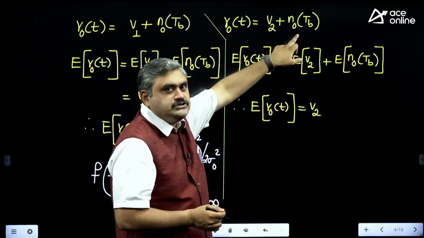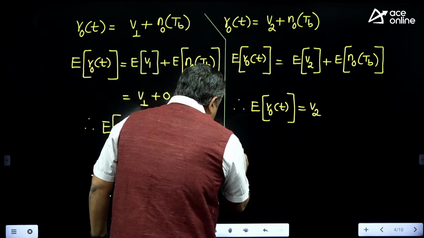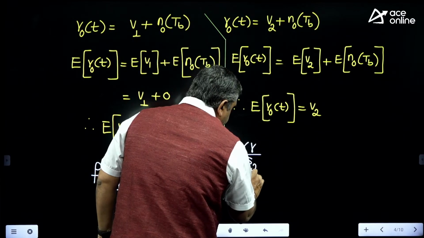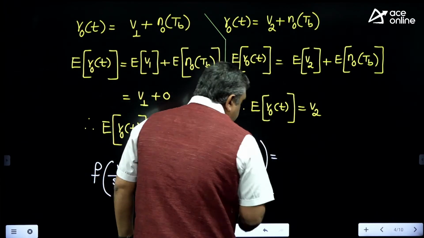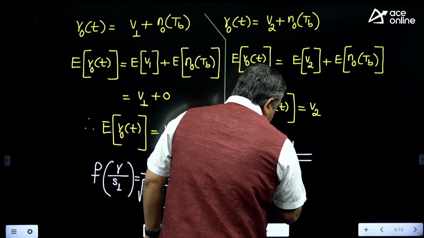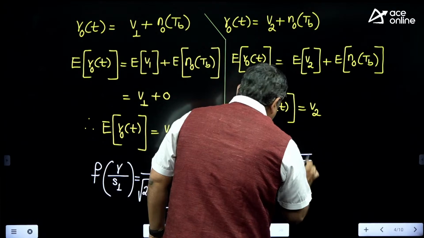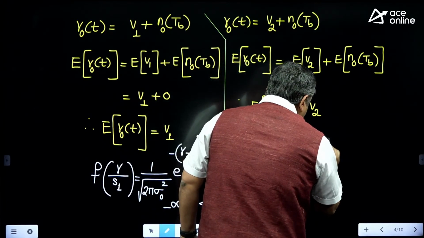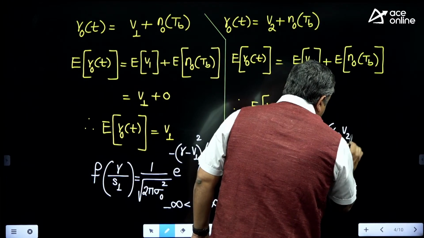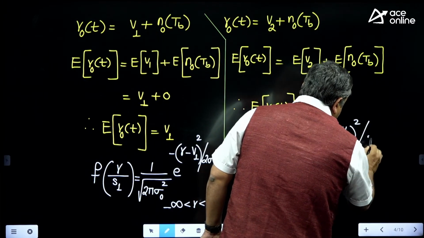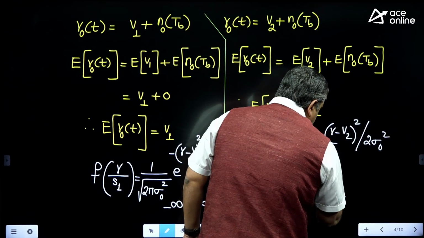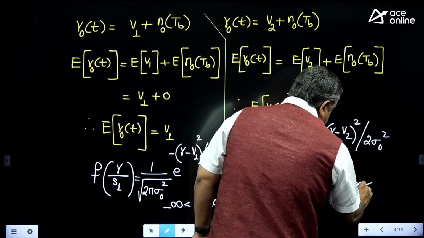So the density function of the received signal when S2 is transmitted is 1 by square root of 2 pi sigma naught square into e power minus of R minus V2 whole square by 2 sigma naught square, and R can take any value from minus infinity to plus infinity.